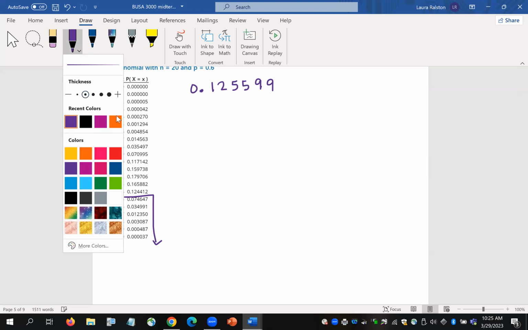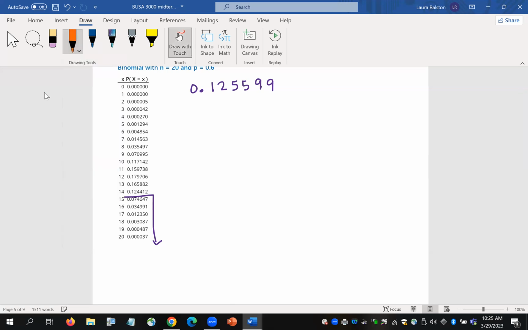Again, I'm asked to round to 3 places. The first 5 is in the 3rd place. There is a 5 next door. It's going to bump it up. So I have 0.126, and that's my answer.